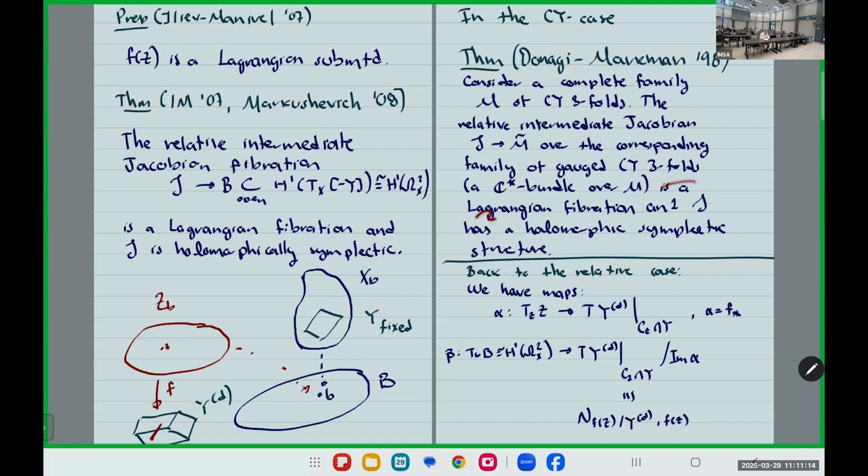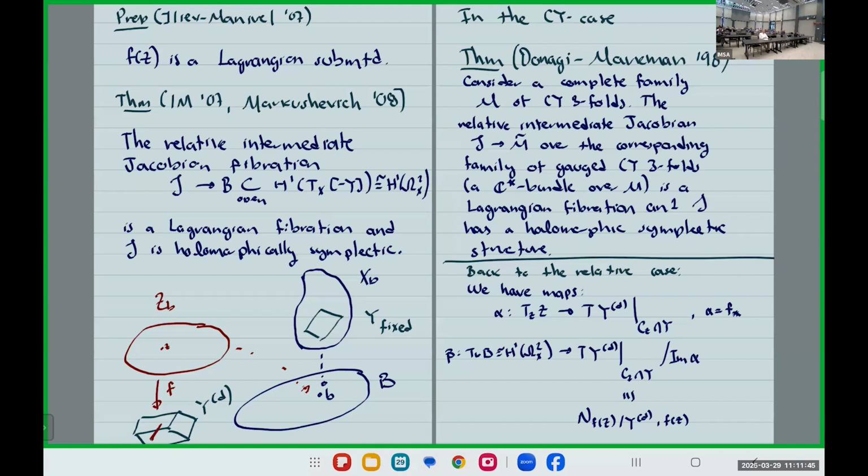So this is going to be a Lagrangian fibration. And this J is going to have a holomorphic symplectic structure. So it's really the analogue of this result, just that in the relative case, the gauge disappears. Any questions, if there are any?